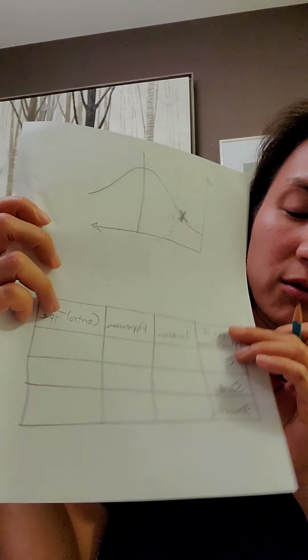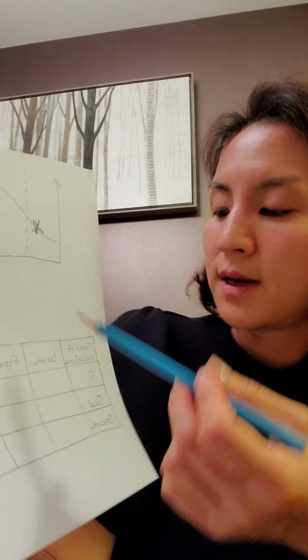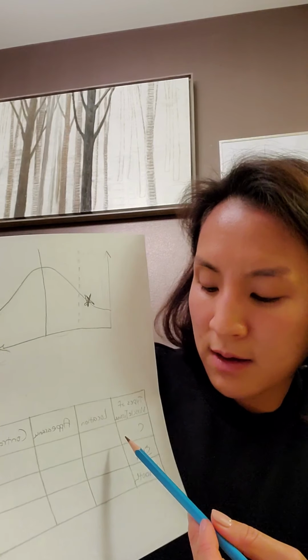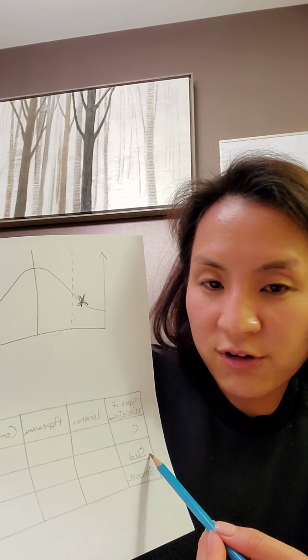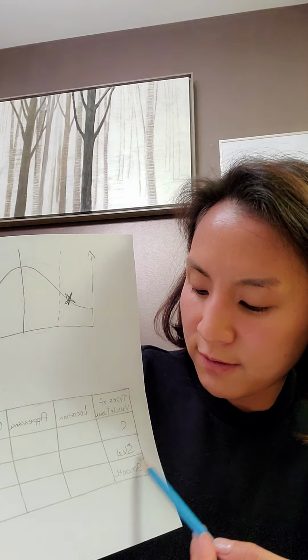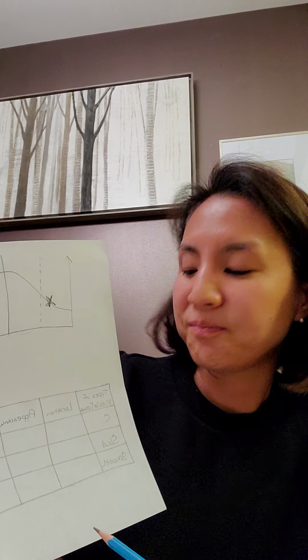Cardiac muscle is located in the wall of the heart, skeletal muscle usually attaches bone to bone, and smooth muscle is found in the lining of the stomach.